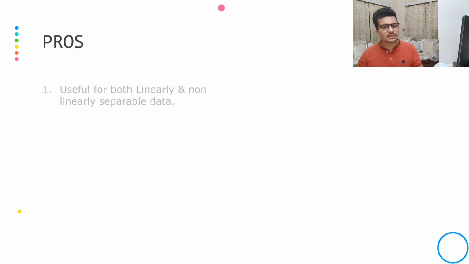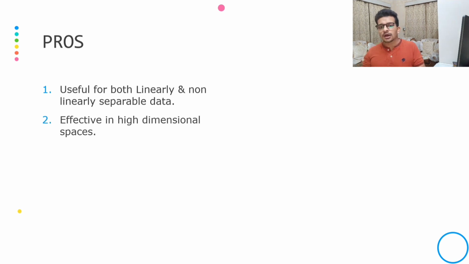We will also have a look at the pros and cons of the support vector machine model. Talking about the pros first, as we saw, it is useful for both linearly and non-linearly separable data. It is effective in high-dimensional spaces like 2D, 3D, 4D, or even 5D. Let me know in comments if you need videos on understanding a multi-dimensional approach on data points.